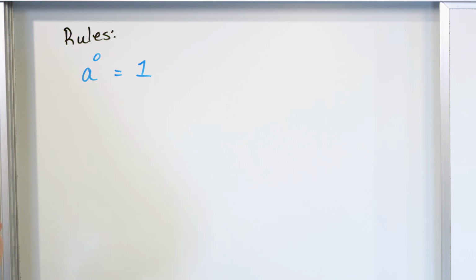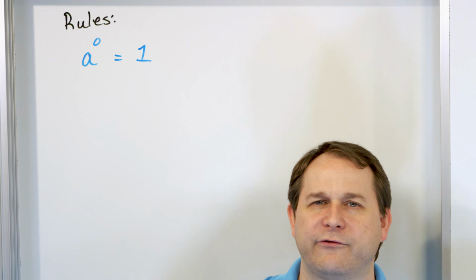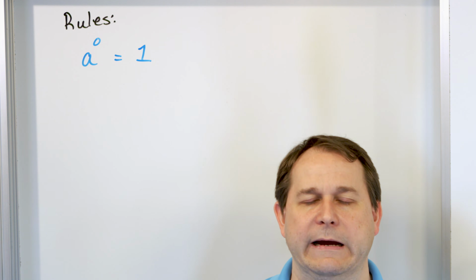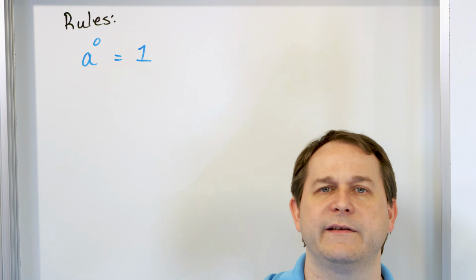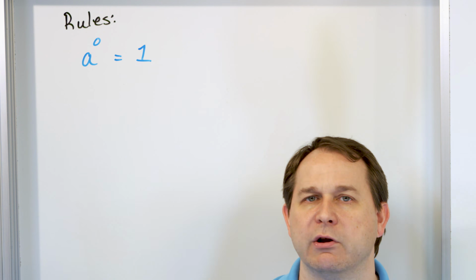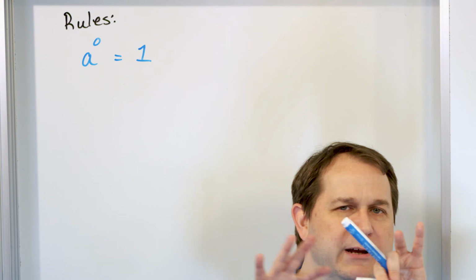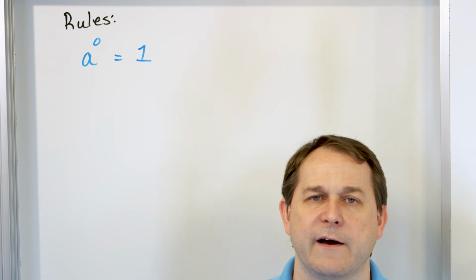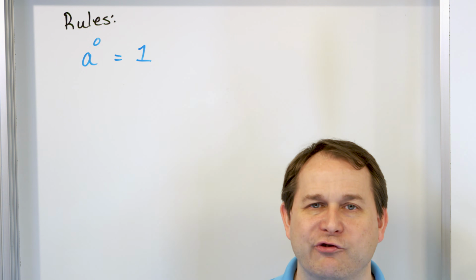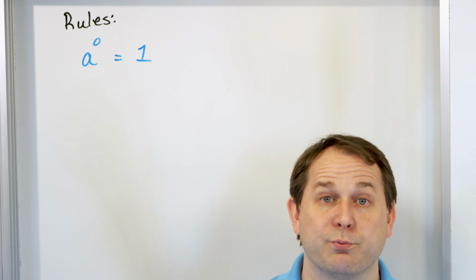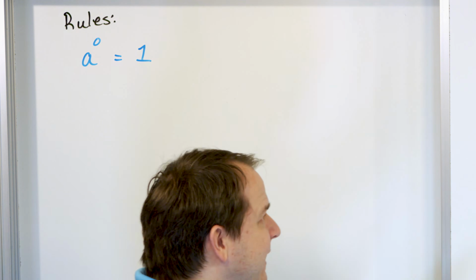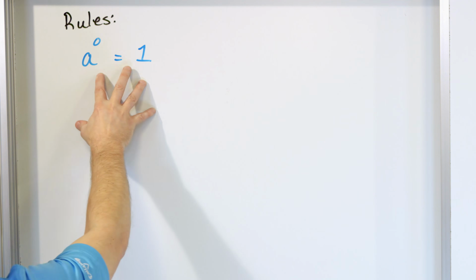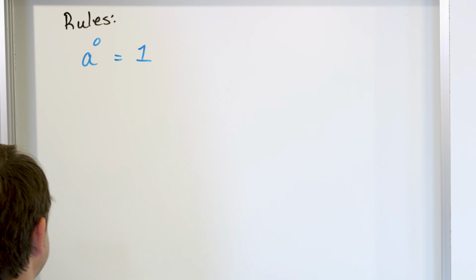So if you see an equation later on down the road in calculus, trigonometry, algebra, anything, if there's a term raised to the 0 power, you just say it's 1. You don't have to think about it. You don't have to manipulate it or show it. It's just a fact. It's something that we take to be true in math that you don't have to prove every single time you use it. I'm going to show you why in a minute, but this is a rule that you're just going to end up having to use all the time.